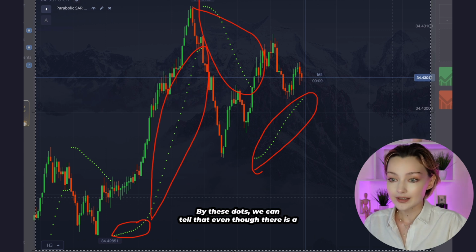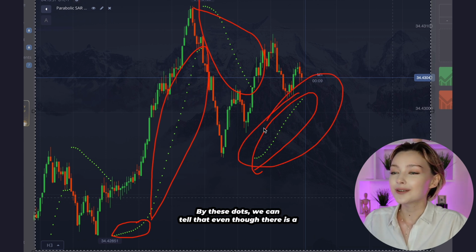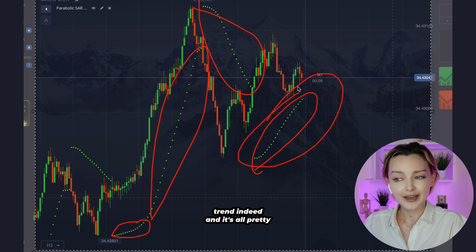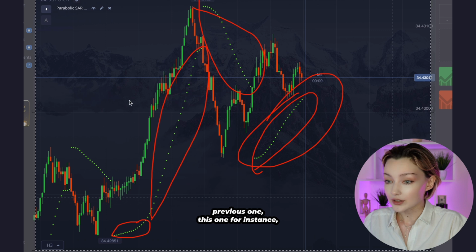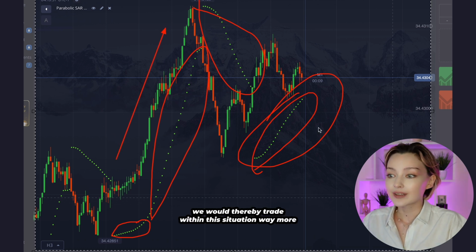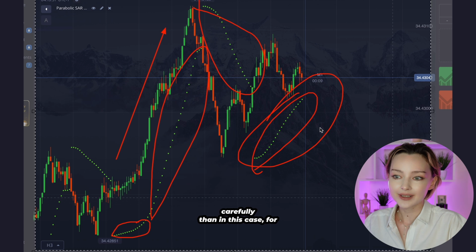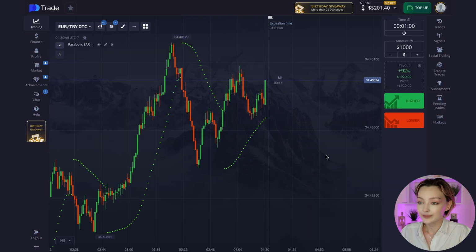Here, even though there is a trend and it's already confirmed, it's not as rapid and strong yet as the previous one. We would thereby trade within this situation way more carefully than in this case, for instance.